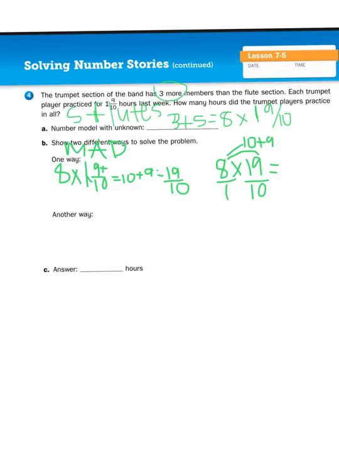So 8 times 10 is 80. And 8 times 9 is 72. So I'm going to add 80 plus 72.